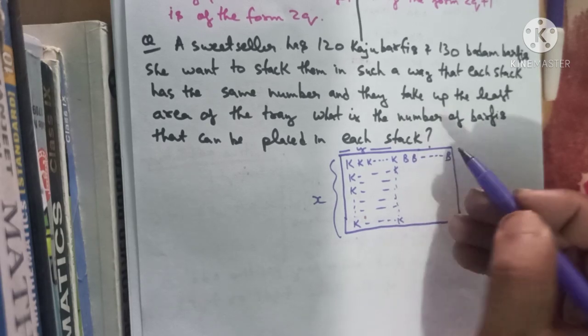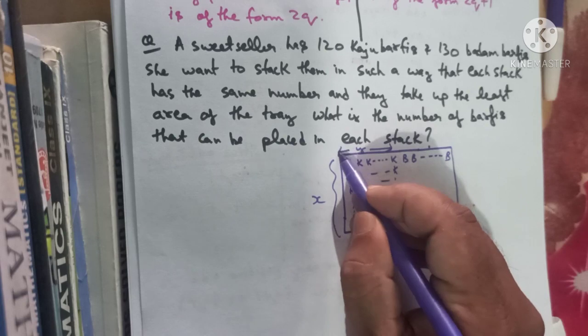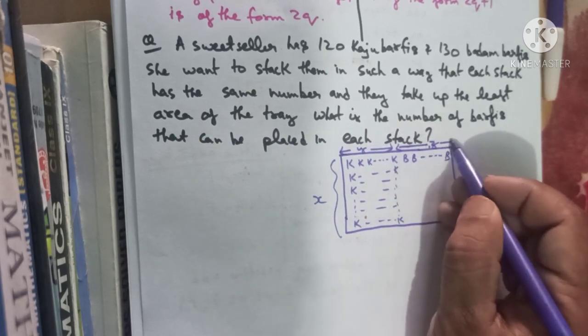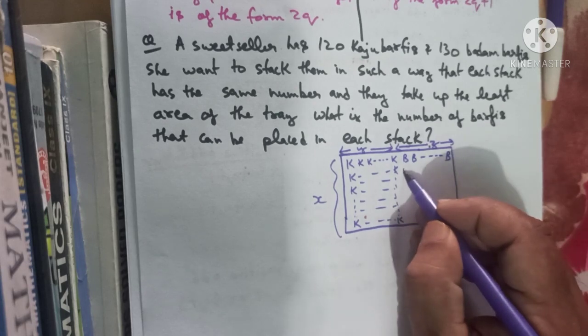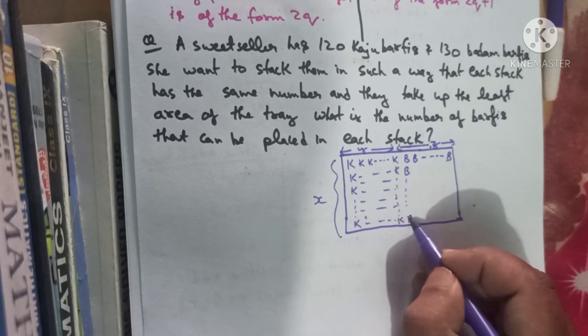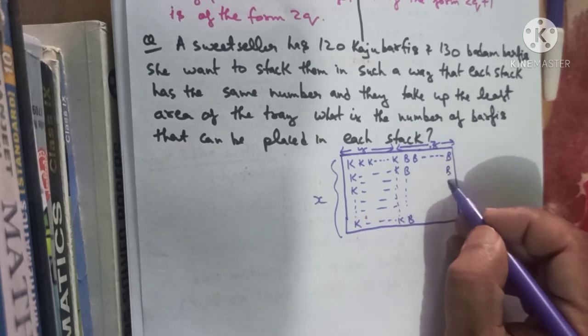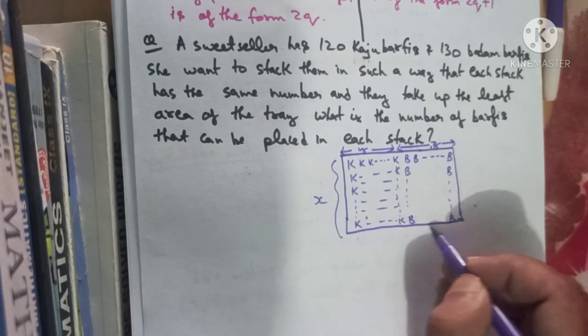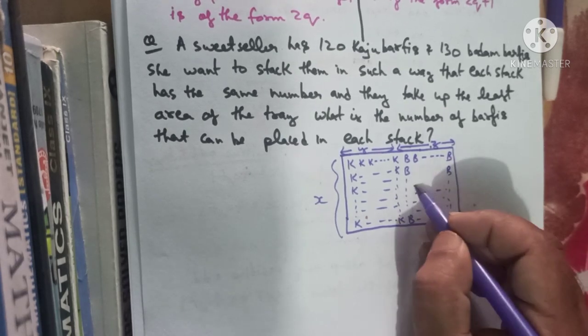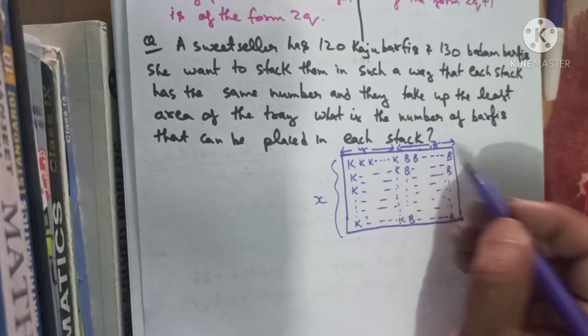Let's say the number of rows of Badam barfi be z, but the number of columns for the Badam barfi should be the same as the number of columns of the Kaju barfi.